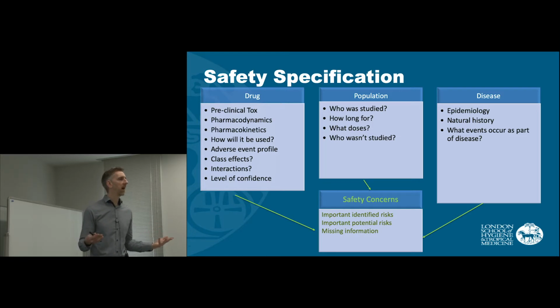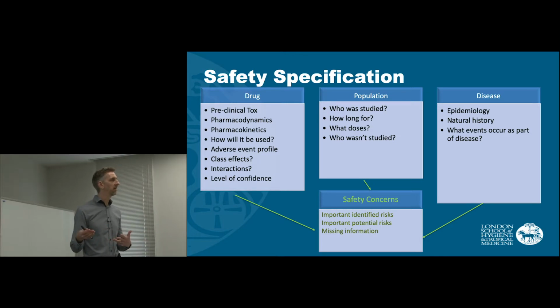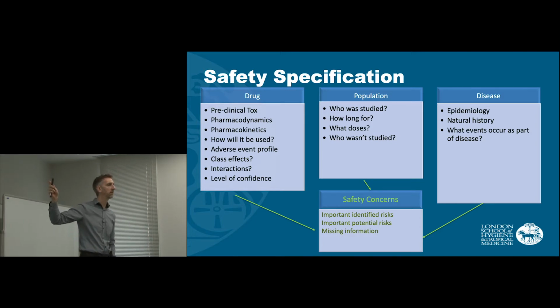Well, we won't have seen that in the trials because people won't have had time to develop the cancer. Or it may be that we want to know what happens in a particular population, so people with renal failure, what happens in them. So we would call that missing information. Okay, so hopefully that's clear about what goes in the safety specification and why we would find that useful. Yeah?